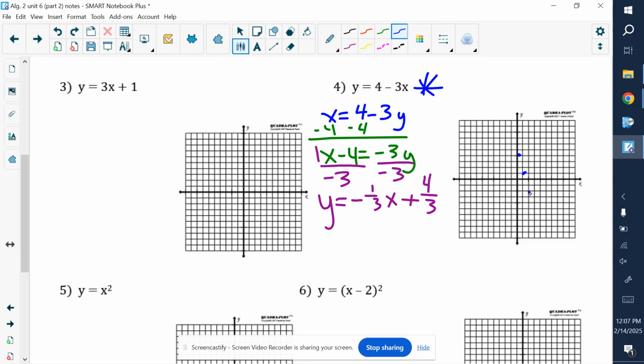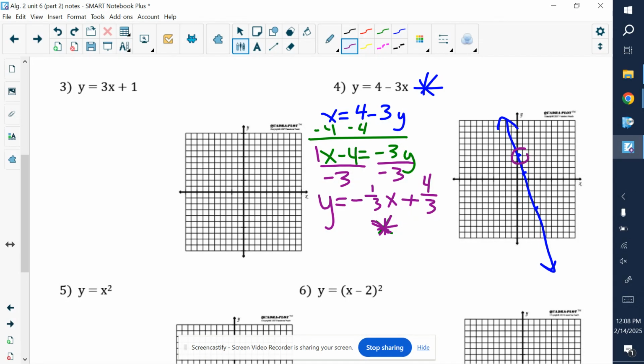Down 3 over 1. Okay, well, because I can't exactly graph 4/3, I'm going to find a point on my original function and then flip it. So I'll graph this one in, I'll do purple.